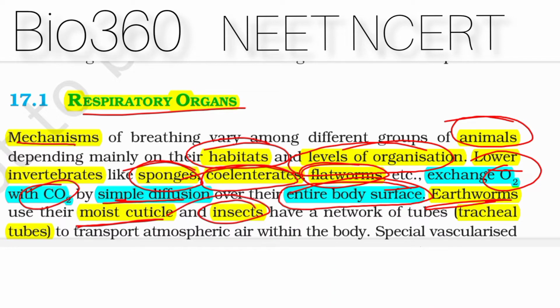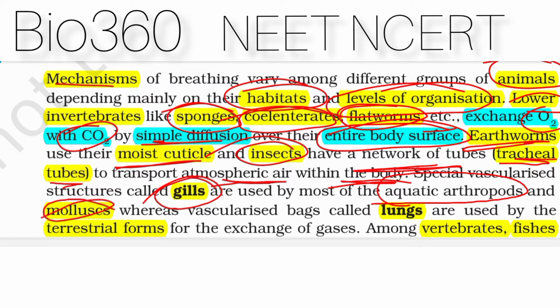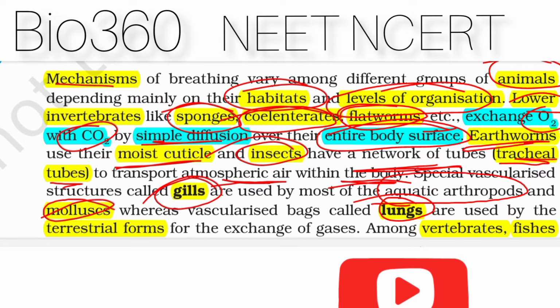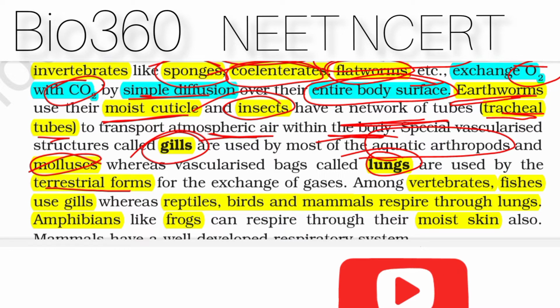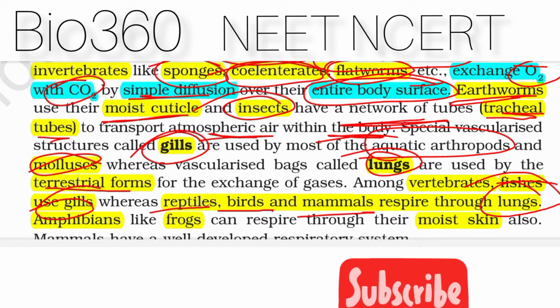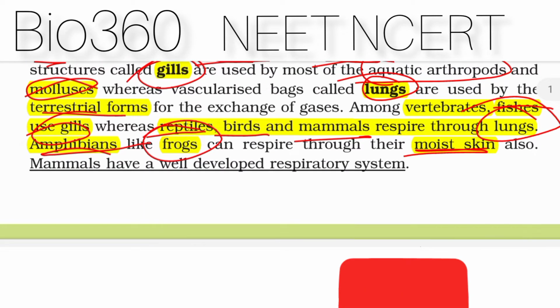And insects have a network of tubes known as tracheal tubes, which help in transport of atmospheric air within the body, whereas gills are present in aquatic arthropods and mollusks, whereas lungs are present in terrestrial forms. Among vertebrates, fishes use gills, whereas reptiles, aves, and mammals respire through lungs, whereas amphibians such as frogs use their moist skin for respiration. Among these, mammals have a well-developed respiratory system.